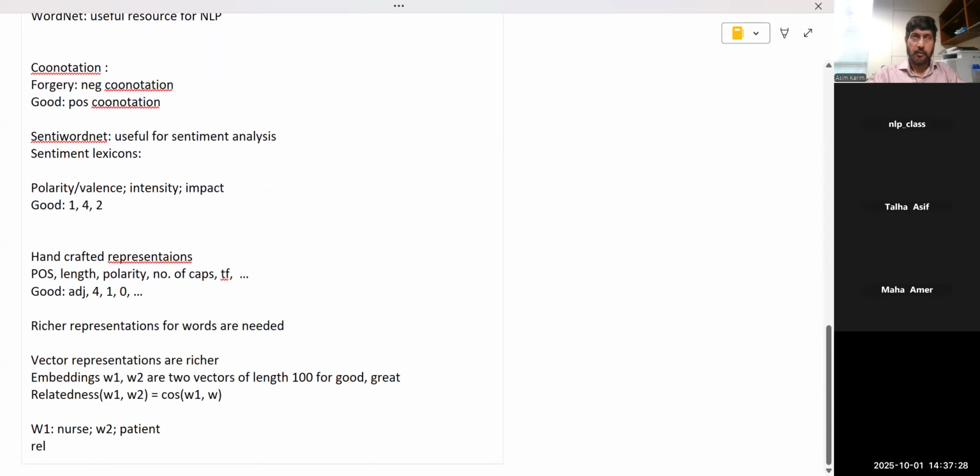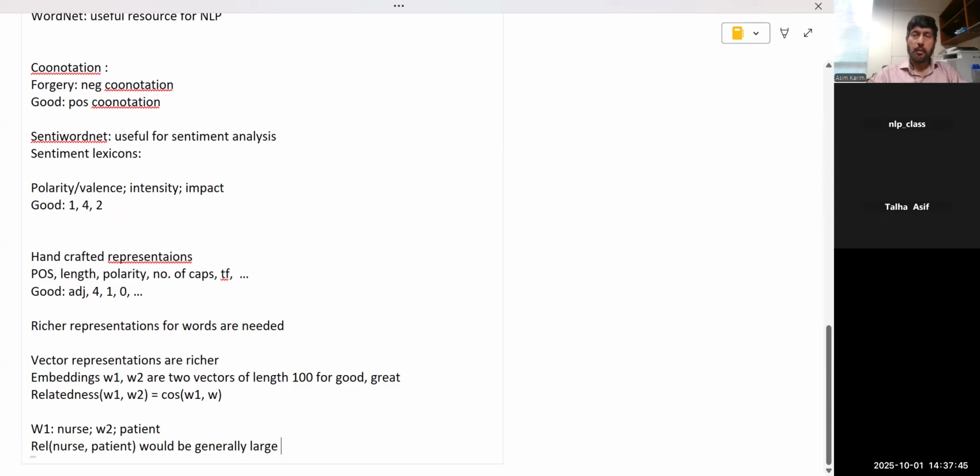ठीक है, so इनका relatedness, W1 nurse, और दूसरा था patient, would be generally large. ठीक है. So again, this is not similarity, not necessarily similarity, but it's relatedness. ठीक है.